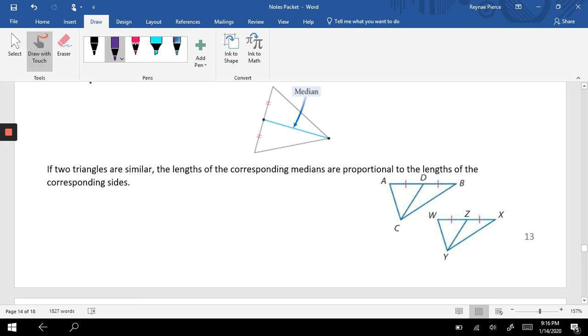So in this picture, we've got triangle ABC similar to triangle WXY.